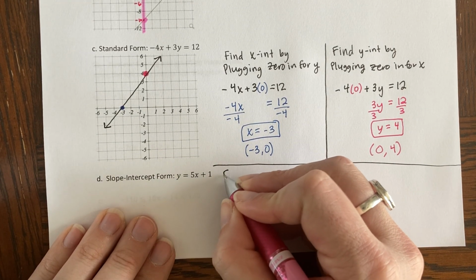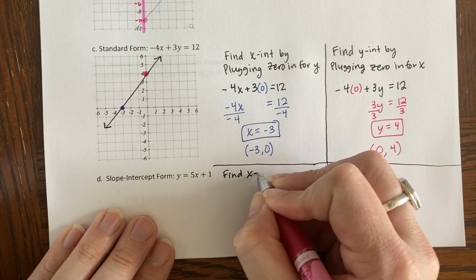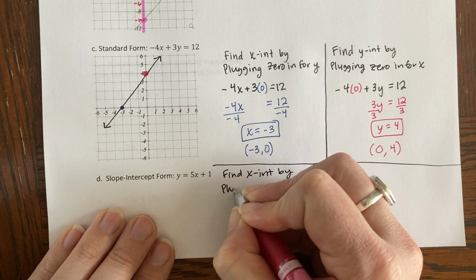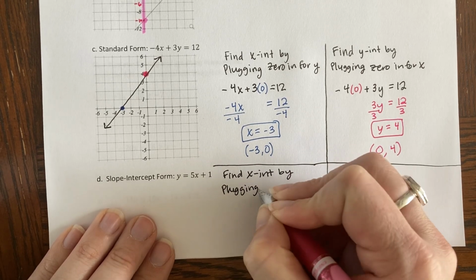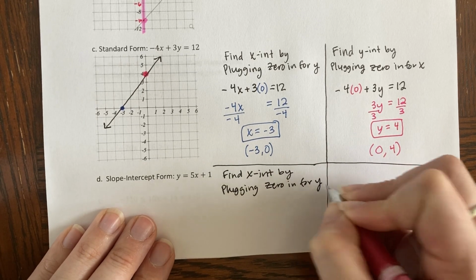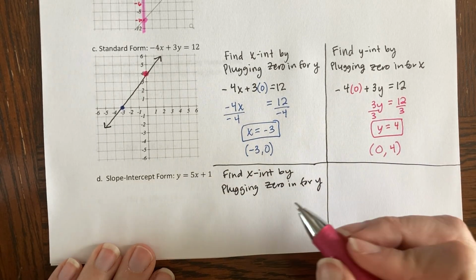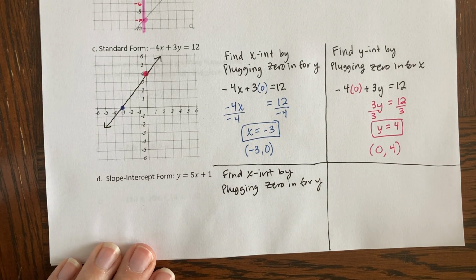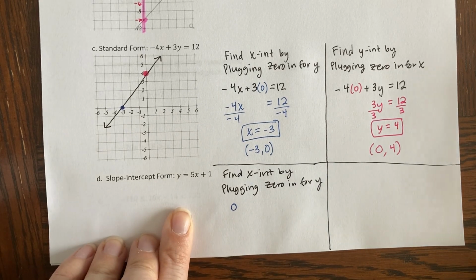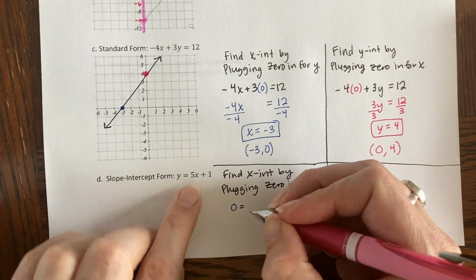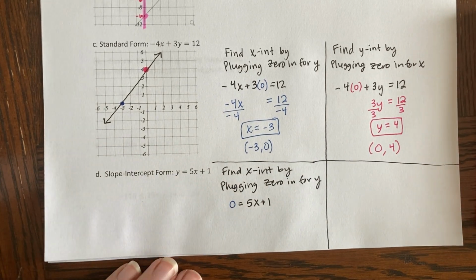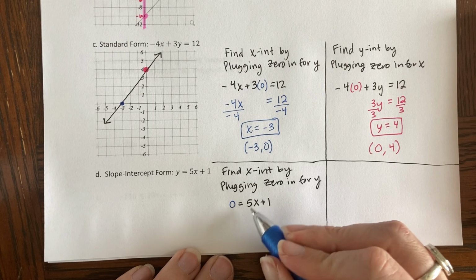I'm going to find the x-intercept by plugging 0 in for y. I change y to a 0, and it equals 5x plus 1. I will now solve for the x.